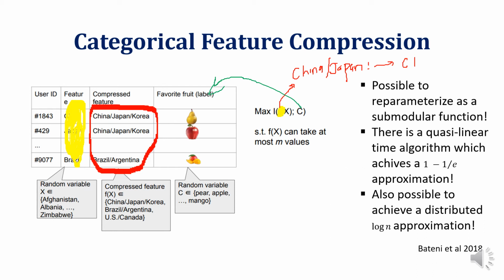Now this problem, though it appears interestingly complex, it's actually possible to reparameterize as a submodular function, and there's a quasi-linear time algorithm which achieves a 1 minus 1 over e approximation. Also, Bateni et al. showed that it's possible to achieve a distributed log n approximation.